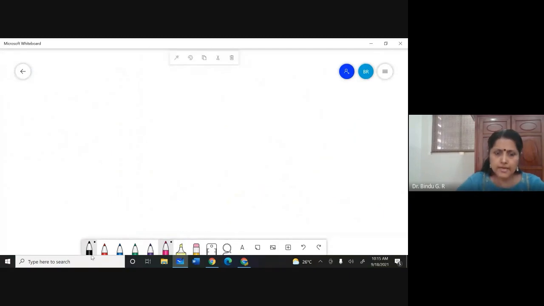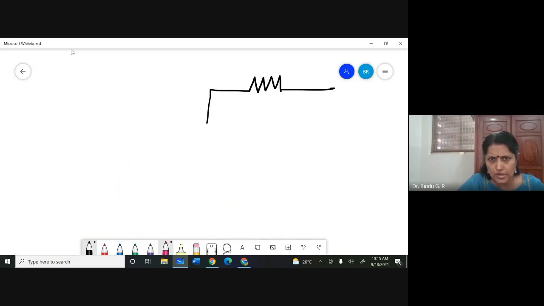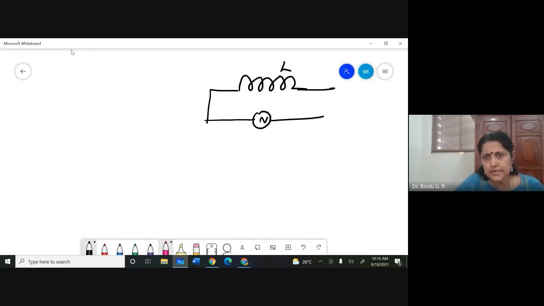Okay, now a small problem where you can see all these things coming in. Instead of putting the problem in words, I'm just drawing this. You have a pure inductance connected to a voltage source.